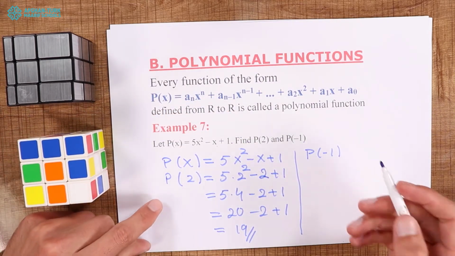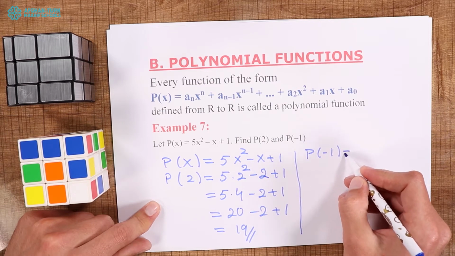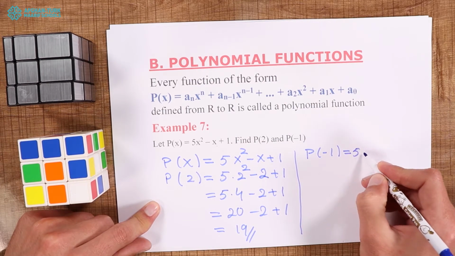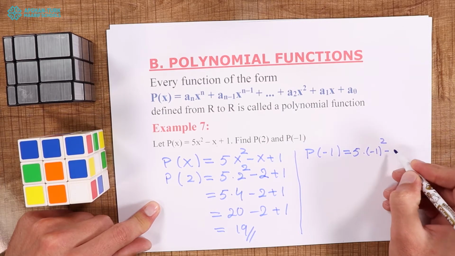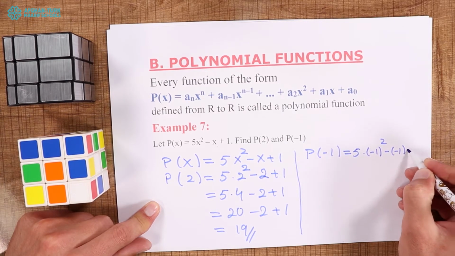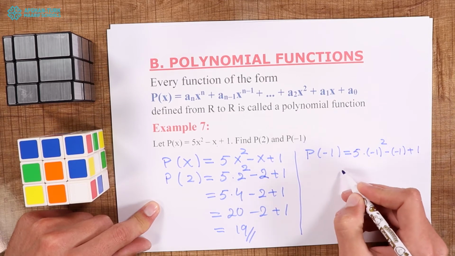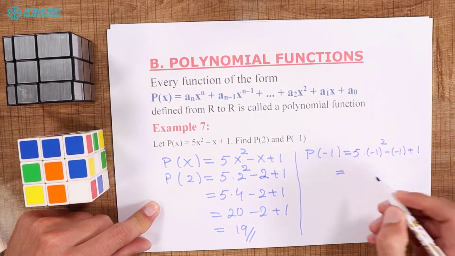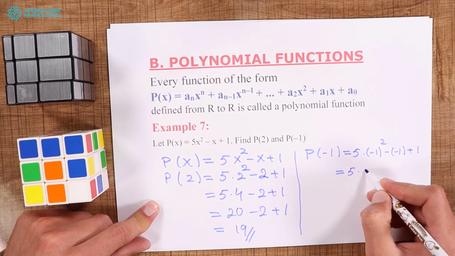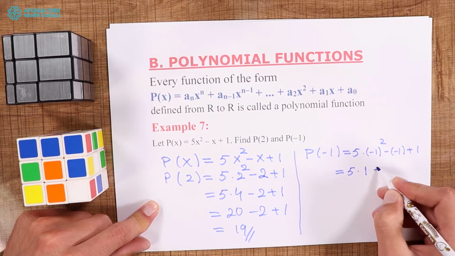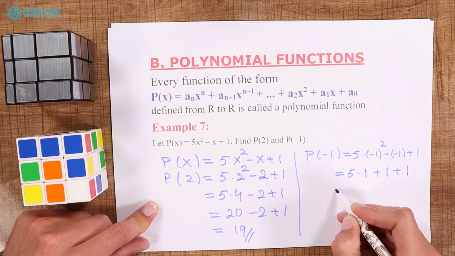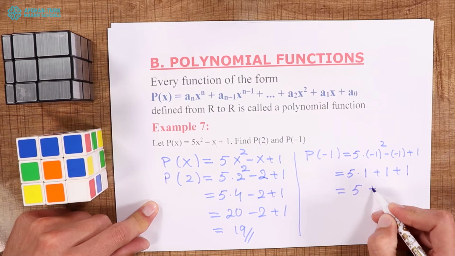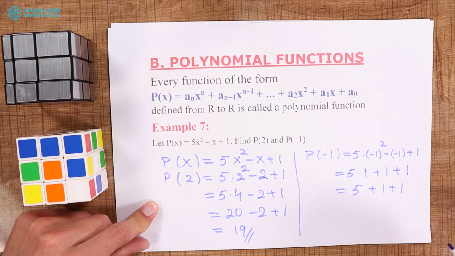It is the same. So p(-1) will be 5 times (-1) squared, minus (-1), plus 1. This will be: -1 to the power of 2 is plus 1, minus times minus is plus 1, and plus 1. 5 times 1 is 5, plus 1, plus 1.